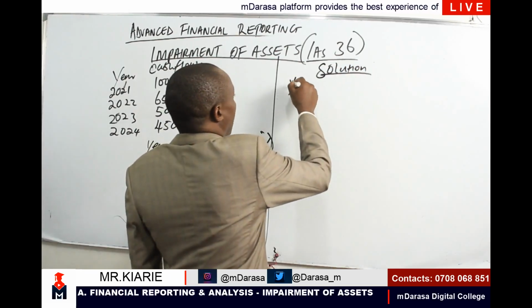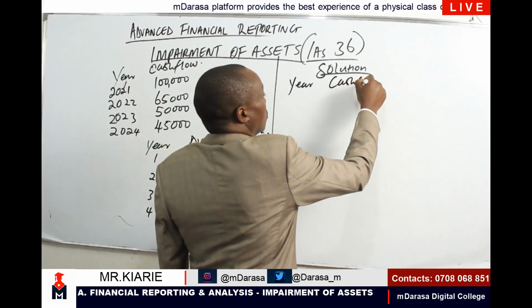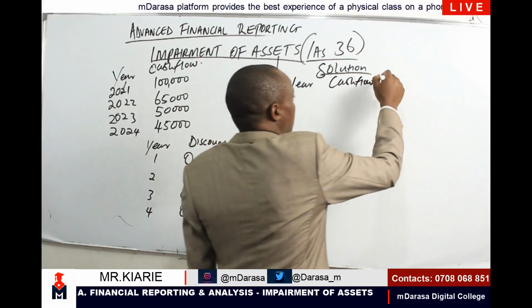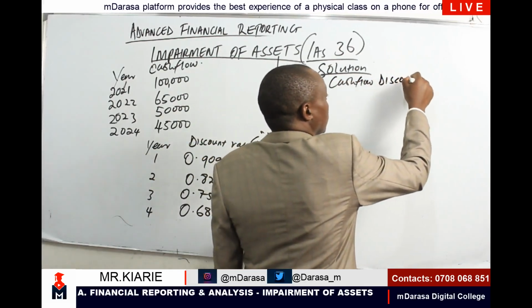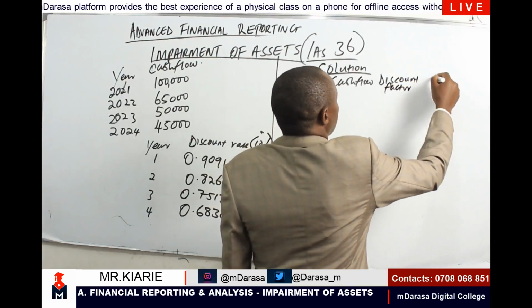We'll have year, we'll have cash flow, we'll have the discount factor, and we'll have the present value.